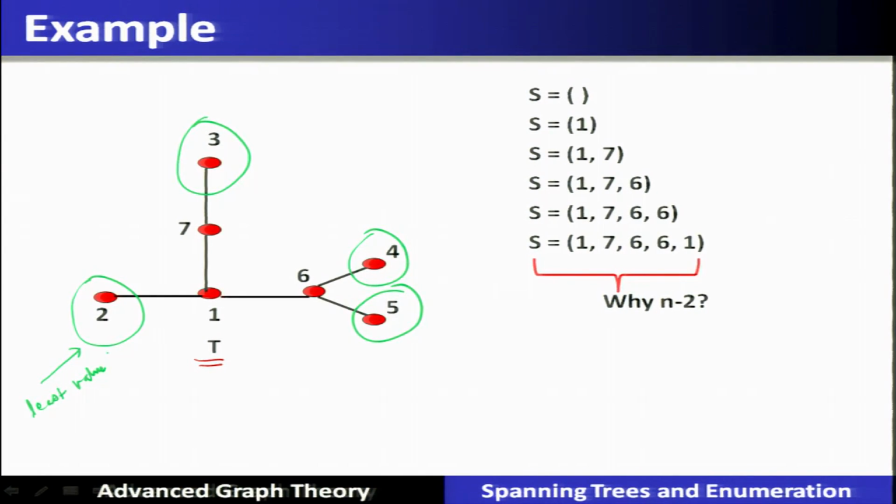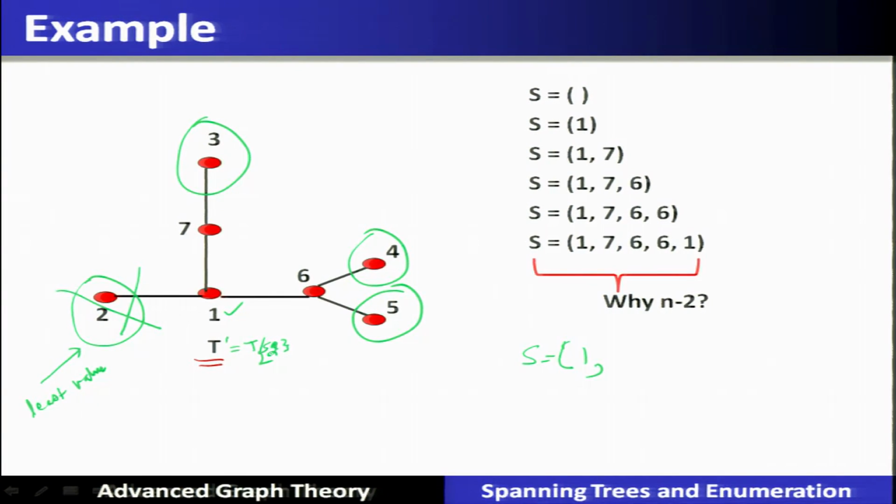So we will take this neighbor, and this leaf will be removed. Let us say after one iteration the remaining tree becomes T prime, that is, T minus the vertex labeled 2.